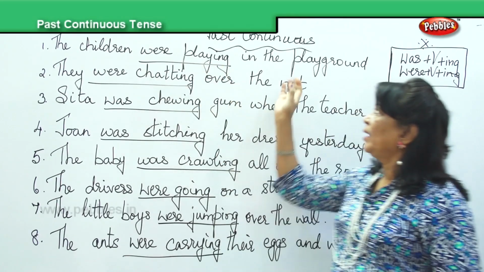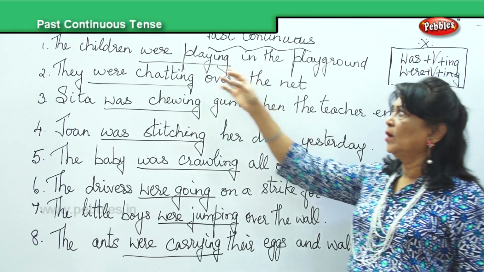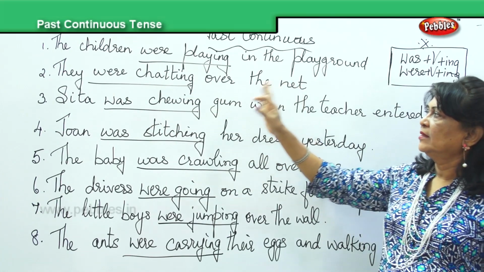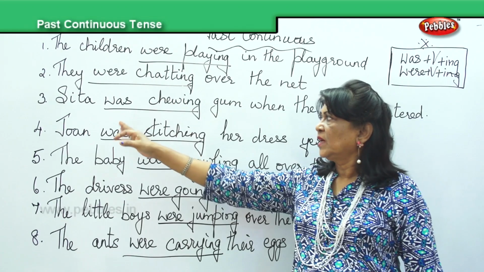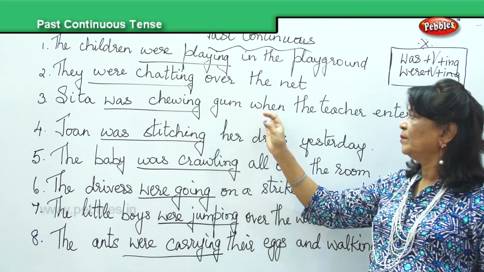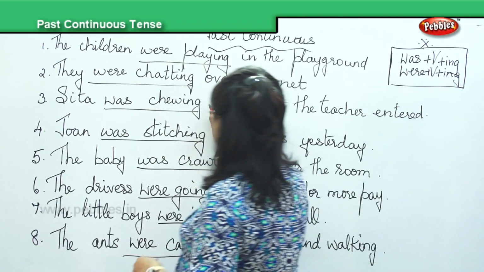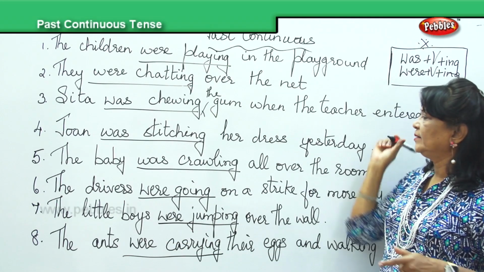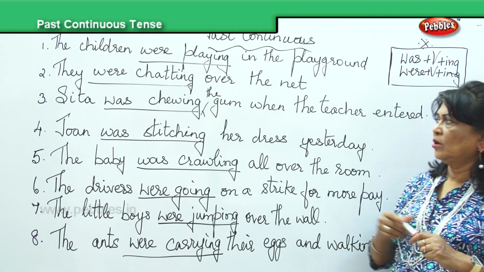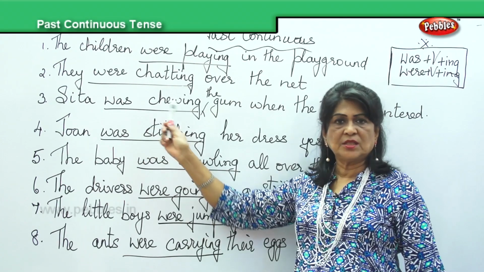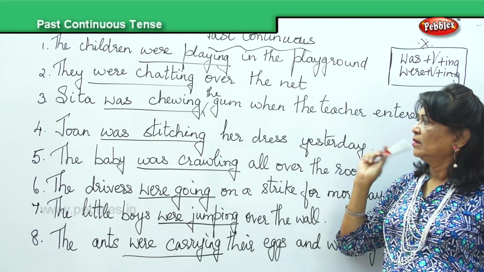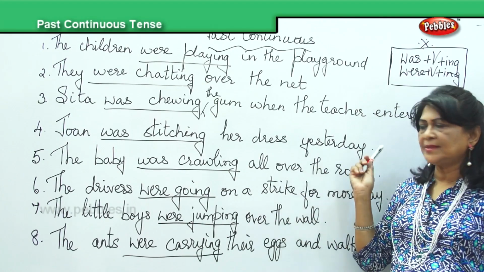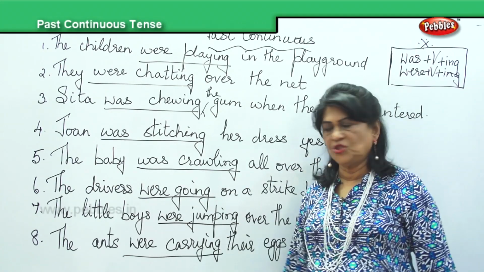The children were playing in the playground. Were playing. They were chatting over the net. Were chatting. Sita was chewing the gum when the teacher entered. Sita was chewing. Joan was stitching her dress yesterday, was stitching.